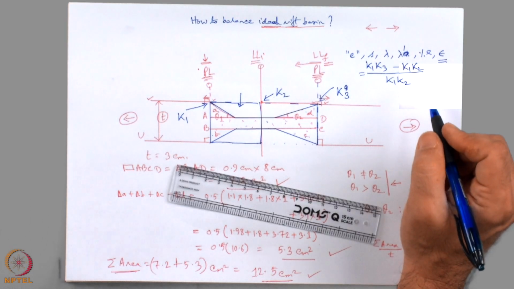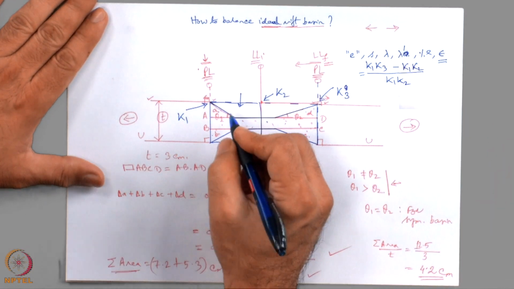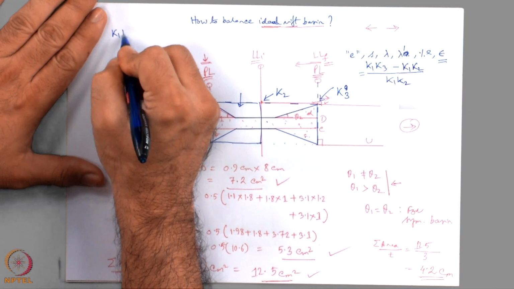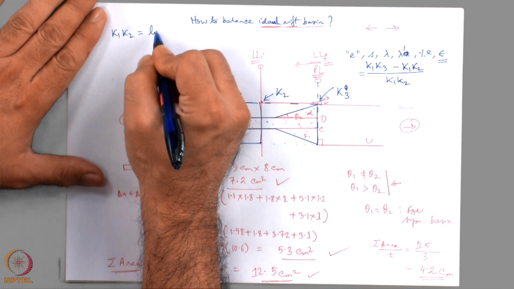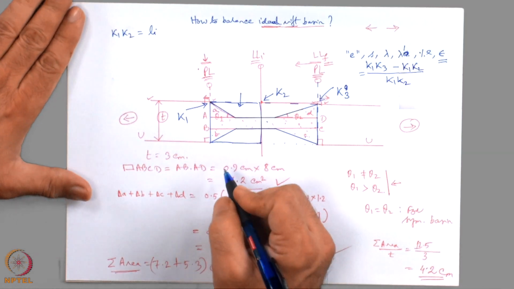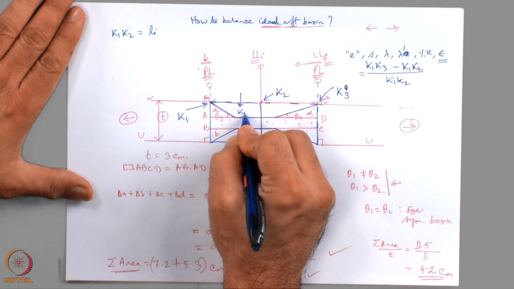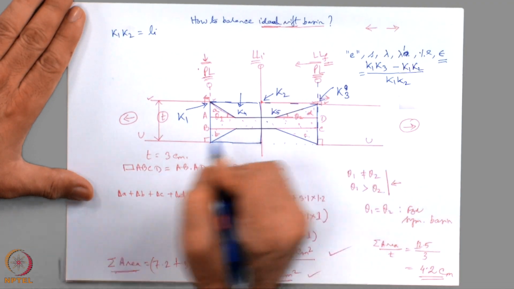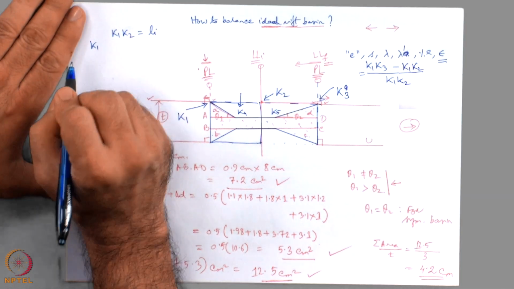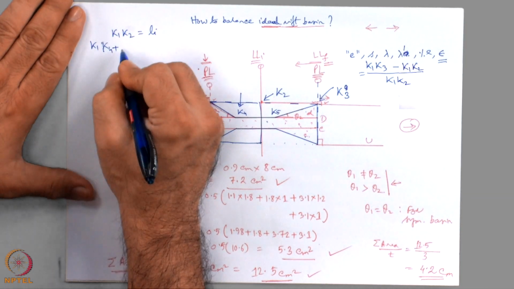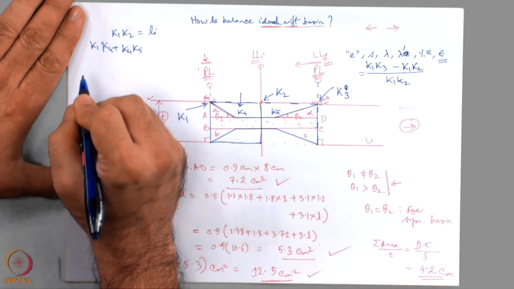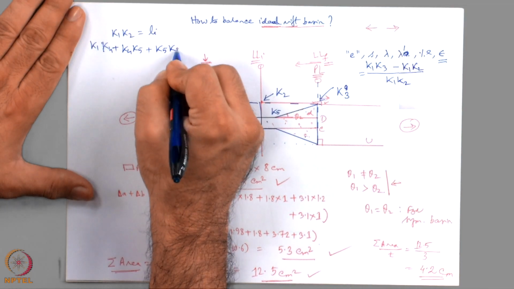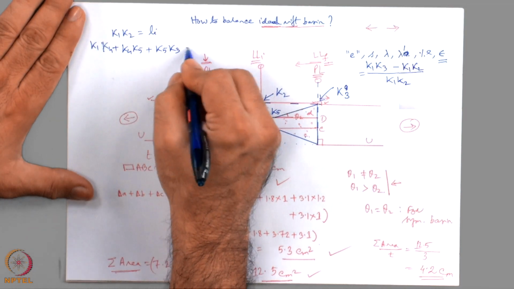But if I look at the problem in a different way, I consider K1 K2 as the initial distance and K1 K4 plus K4 K5 plus K5 K3 as the final length.